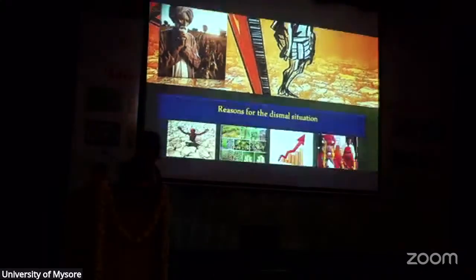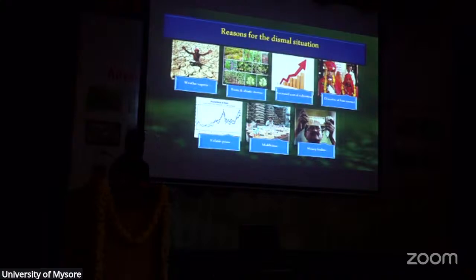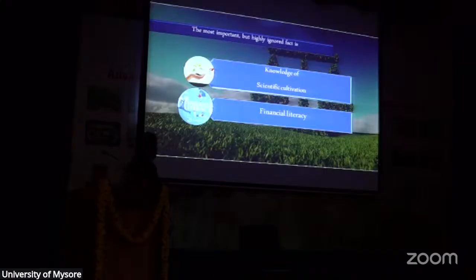When we see the causes of this dismal situation, normally we list out weather vagaries, biotic and abiotic stresses, increased cost of cultivation, diversion of loan amount, volatile prices, middlemen, and money lenders. But the most important ignored aspect is that the farmers lack the knowledge of scientific cultivation.